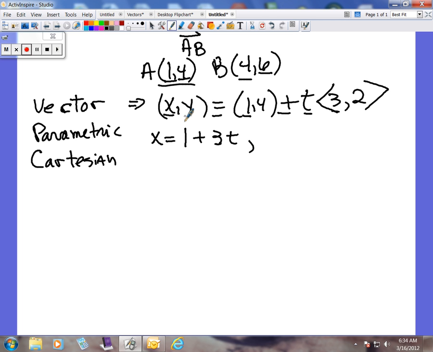Then we do the y equals 4 plus t times 2. And we have our parametric equation. Pretty simple. Pretty straightforward.